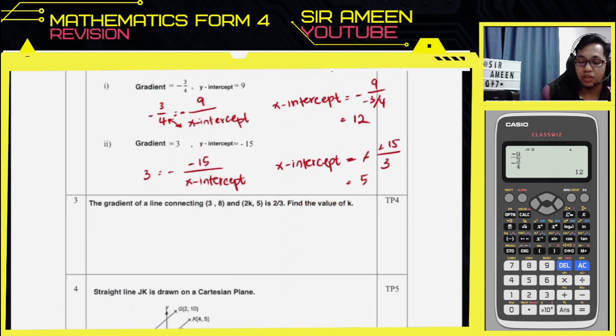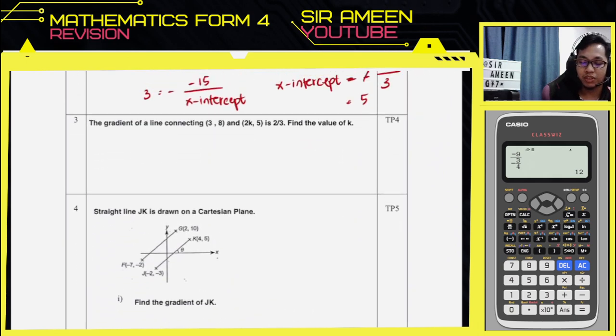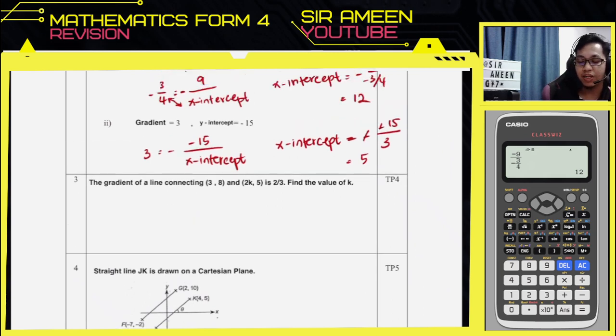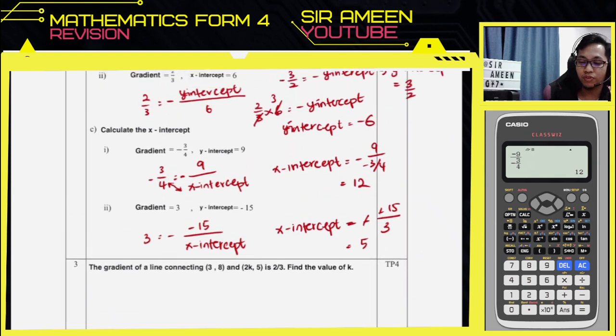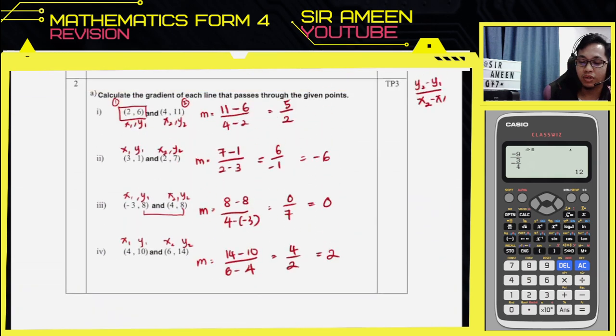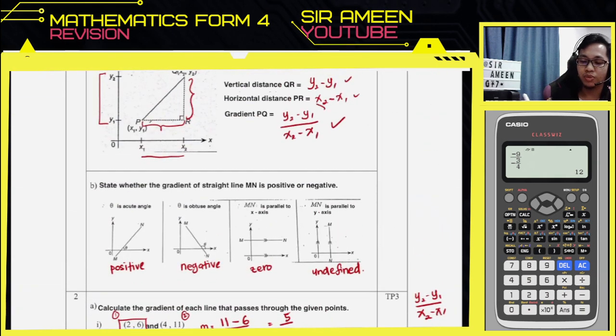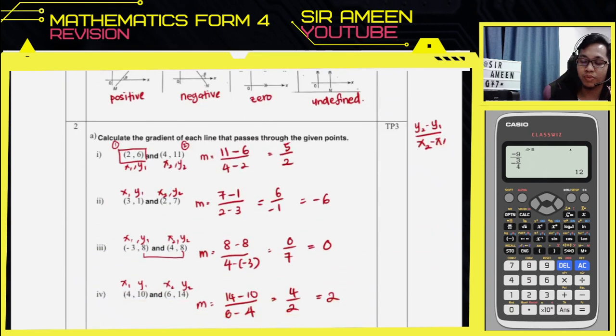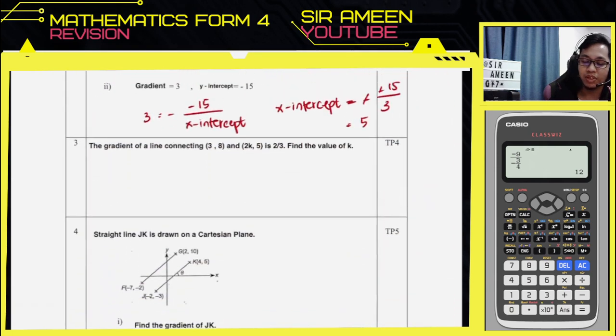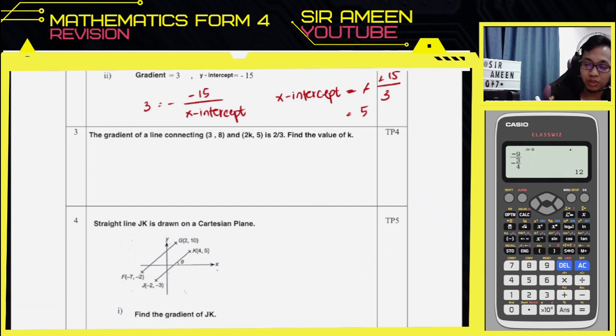Then next question, number 3. The gradient of a line connecting point (3, 8) and (2k, 5) is 2 over 3. Find the value of k. This one you have to use the formula for two points: Y2 minus Y1 over X2 minus X1. Just label any point with X1, Y1 and X2, Y2.